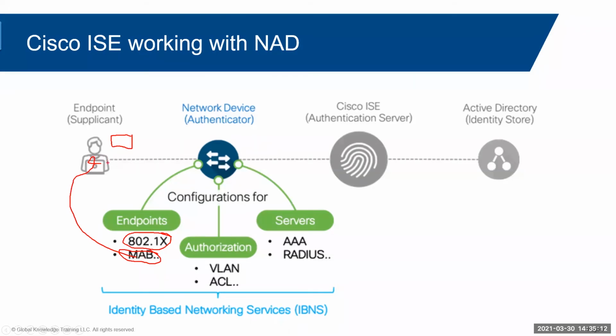Because in MAB, all we do is say the MAC address of the device, we're going to manually add in ISE. So that's a lot of administrative work. Goal, we don't want to use MAB, but what if you can't install 802.1x software on a device? Then MAB is an acceptable alternate. That's why it exists as an option.